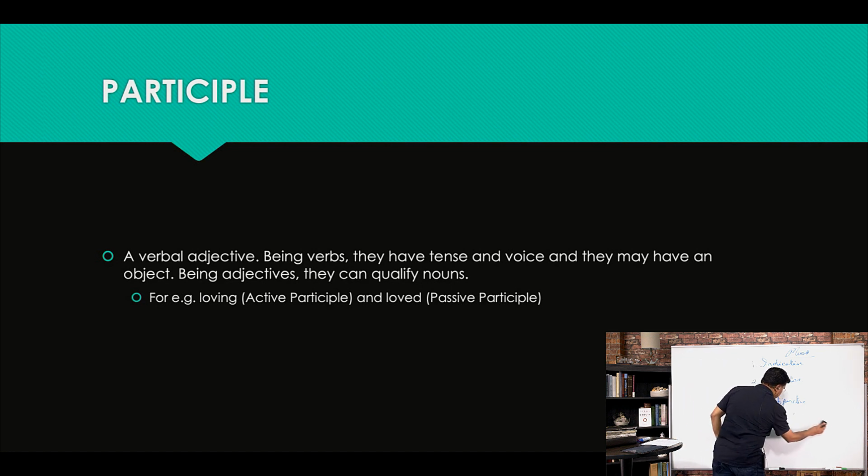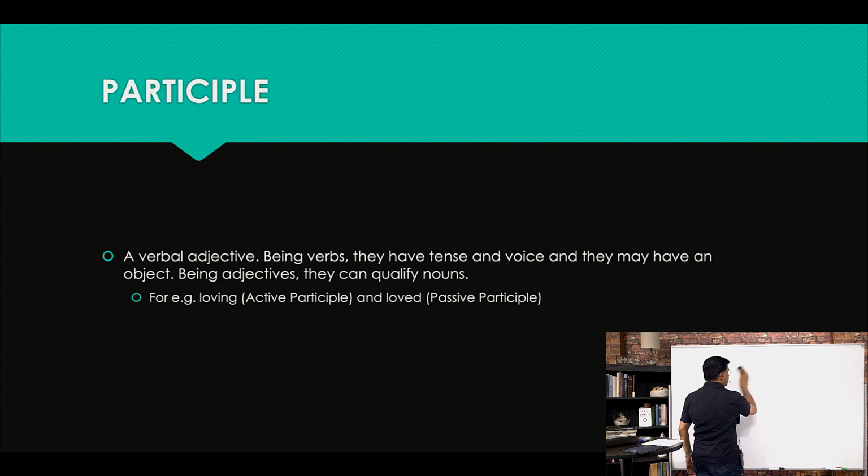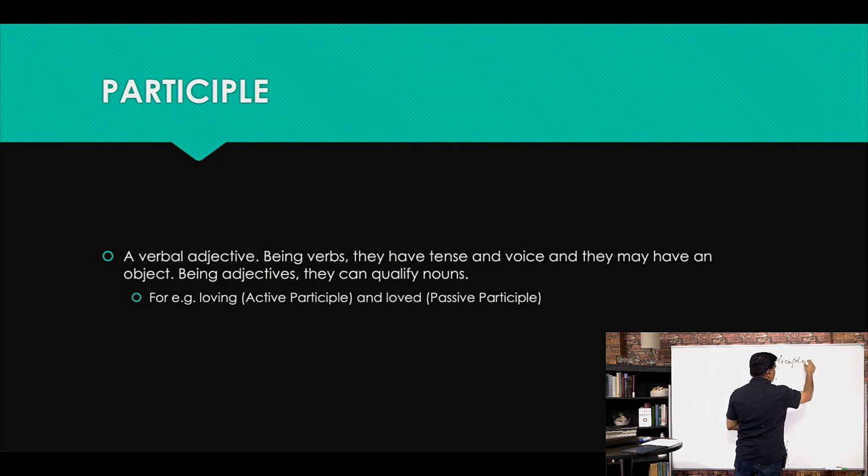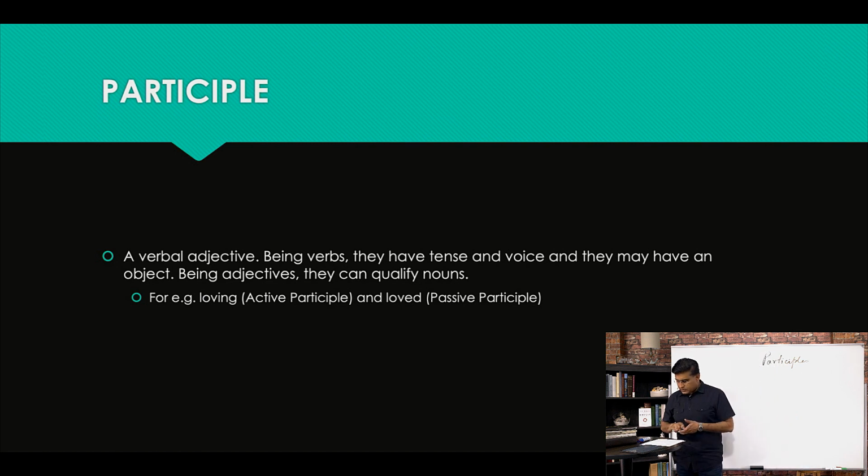I don't want you to get confused with this, because we're talking about participles, not moods now. So being verbs, they have tense and they have voice, and they may have an object. But being an adjective, they can qualify nouns.